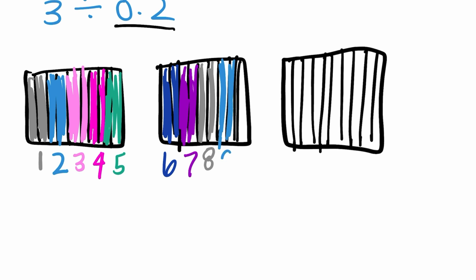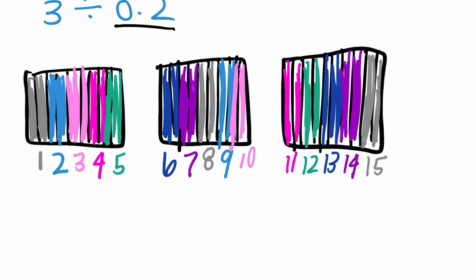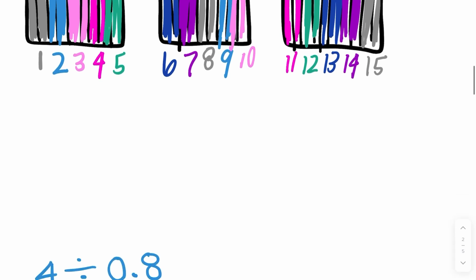I'm going to keep going till I run out of squares. I'm at 10 groups. That's 11 groups. 12 groups. 13 groups. 14 groups. 15 groups. So my answer is 15 total groups can be made if I split 3 wholes into 2/10.